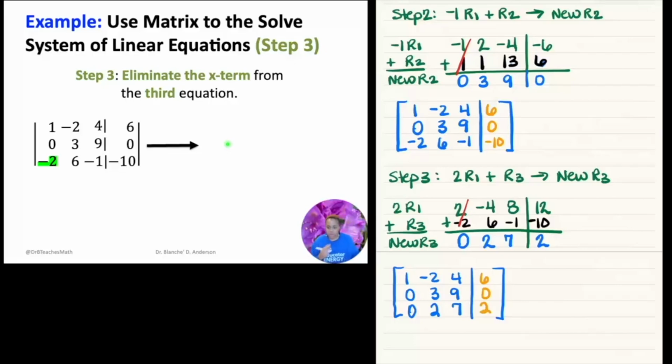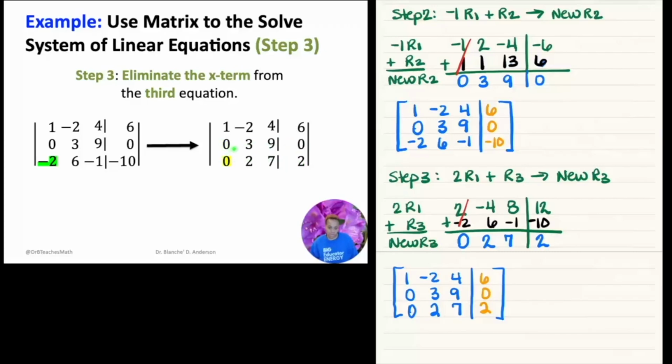So far, so good. You following? Okay. So now we eliminated the x terms from equation 2, row 2, and equation 3, which is row 3.